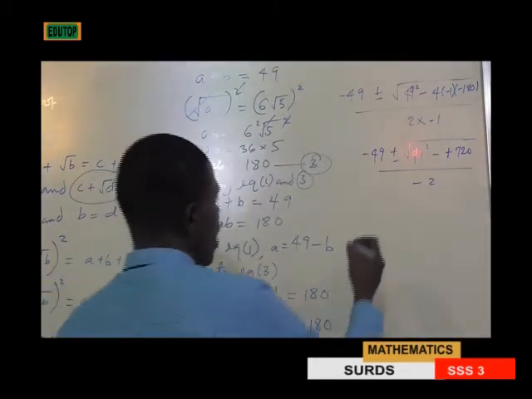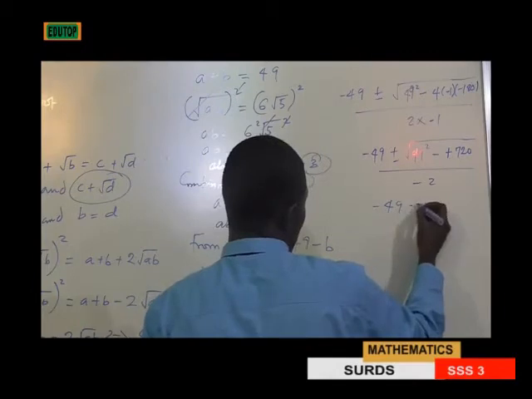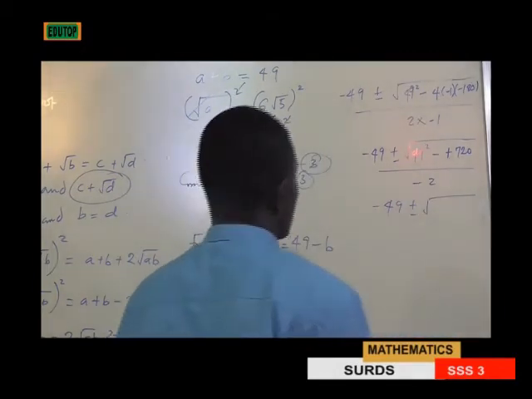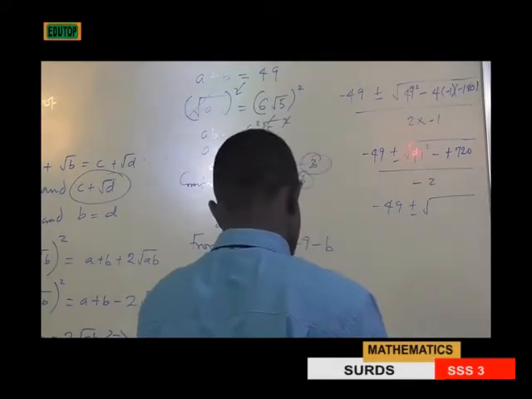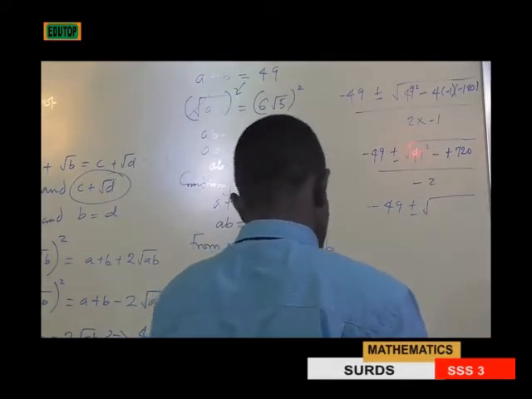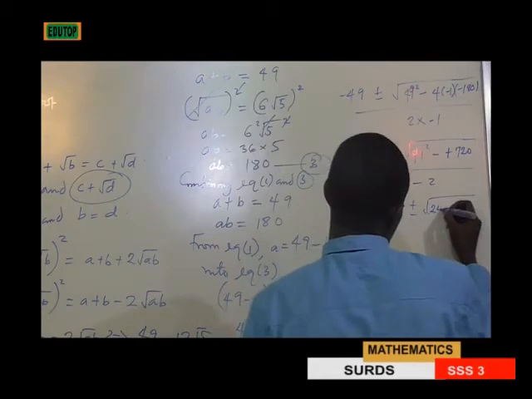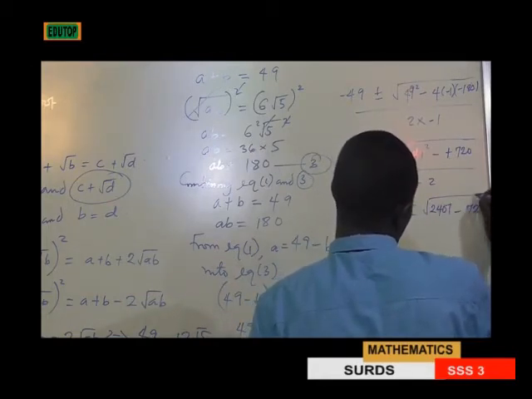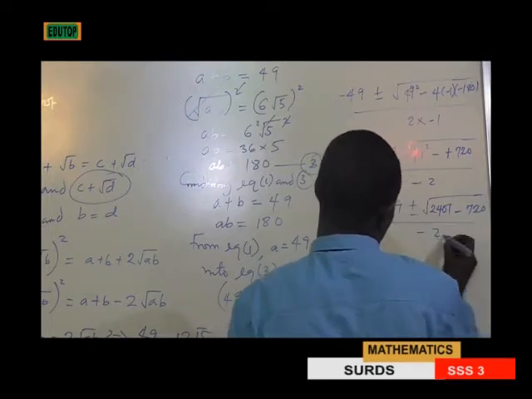So automatically I have minus 49 plus or minus square root of 49 square. 49 square will be equivalent to 2401 minus 720. So I have this over minus 2.